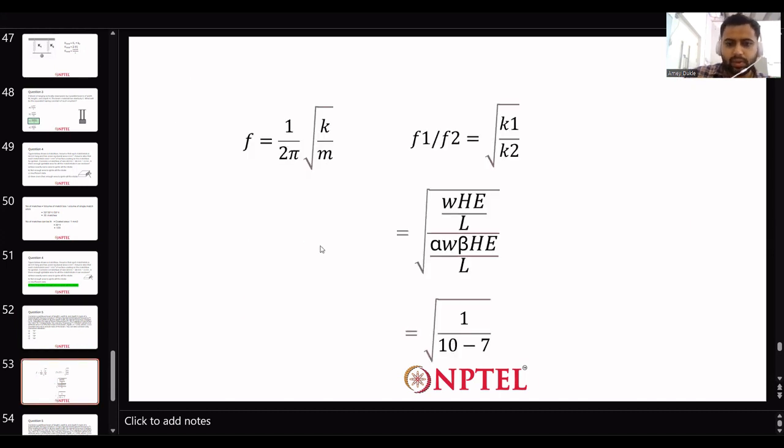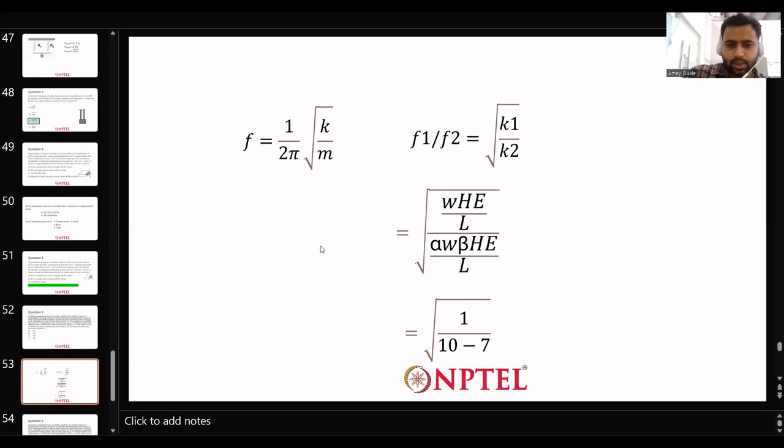Since we only have to find the ratio of the resonance frequencies, we use the formula and directly divide them by each other. So 1 by 2 pi will get cancelled. We know that m is constant for that beam, so it will cancel as well. So the only thing that remains is k1 and k2, that is the initial spring constant and the final spring constant after scaling.